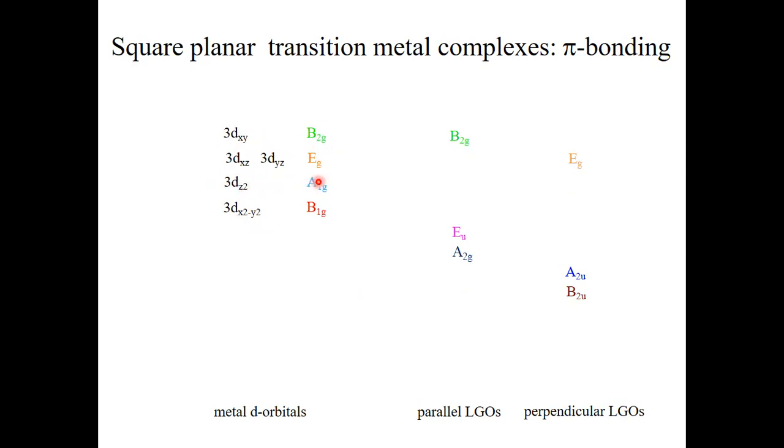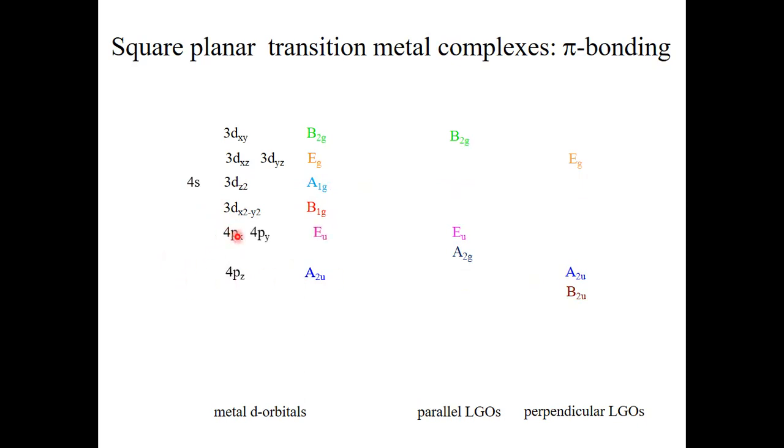The 3dz square orbital, which has A1g symmetry, does not find a partner, so it's not involved in the pi bonding. Also, the 3dx square minus y square is not involved in the pi bonding. However, now we have to consider in addition the 4s orbital that has A1g symmetry. As a consequence, it's not involved in the pi bonding either. However, the 4pz, which has A2u symmetry and was formerly non-bonding, can now interact via pi bonding with the LGOs that are perpendicular.